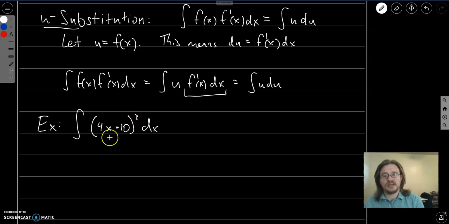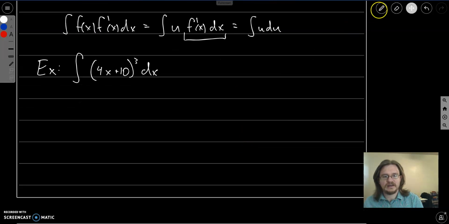It looks like a chain rule, but we're taking an antiderivative. So we're not going to use the chain rule, that's for taking derivatives. We use u-substitution for antiderivatives. So we need to find a function to replace with u. And what I'm going to do is take the inside function. And we're going to let u be equal to 4x plus 10.